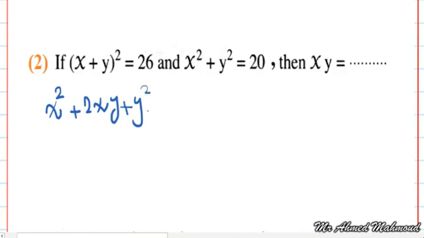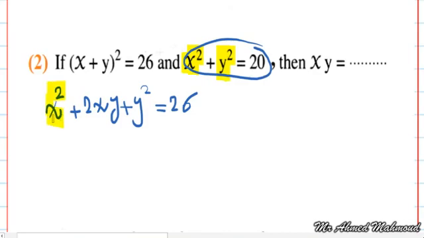Okay, and then I'm going to drop equals 26. Here we have a given: x² plus y² equals 20.